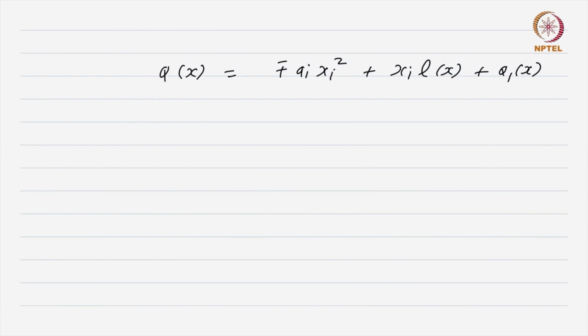To obtain this L of x, I'm going to club together all the terms that involve xi but are not a square. There's only one term that involves xi squared, and that term I have already isolated and put here.